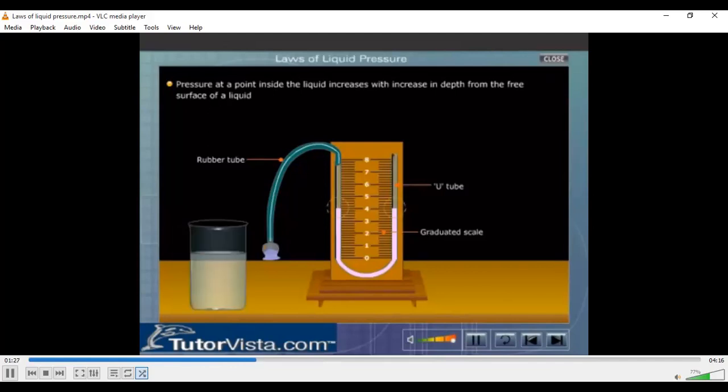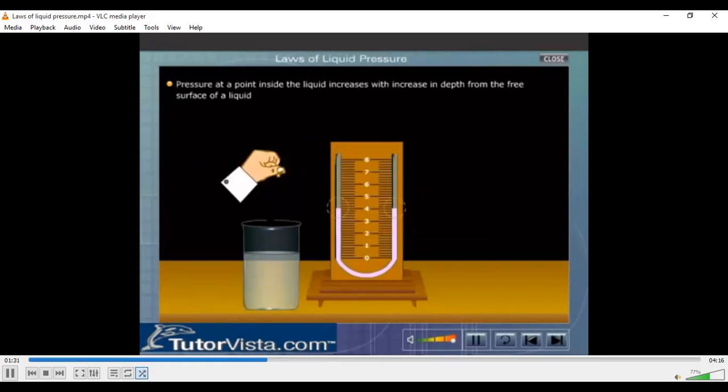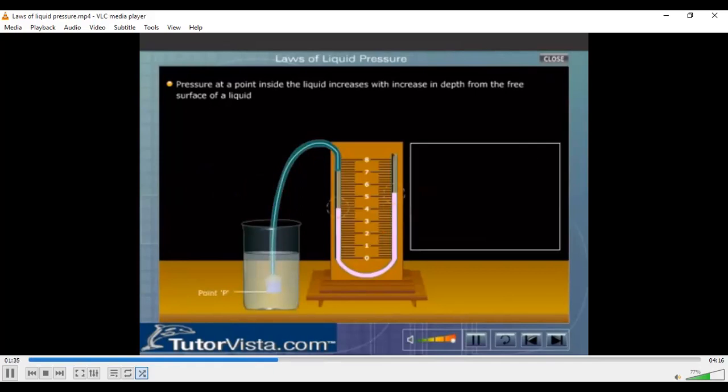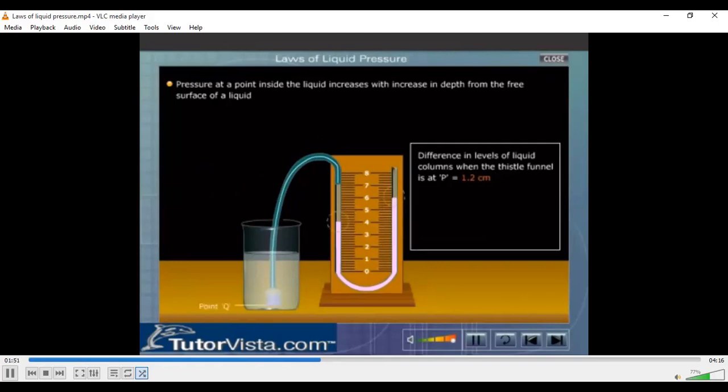Take a tall cylinder and fill it with water. Now lower the piston funnel to a point P inside the cylinder as shown here. Record the difference in levels of liquid columns in the limbs of the U-tube. This difference is equivalent to the pressure exerted by water at the point P. Now lower the piston funnel to a point Q. Again, record the difference in levels of liquid columns in the U-tube.